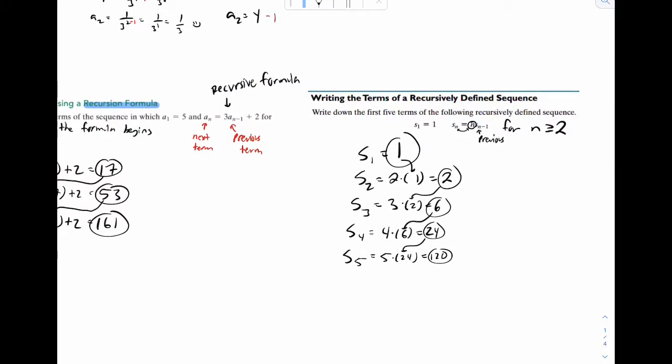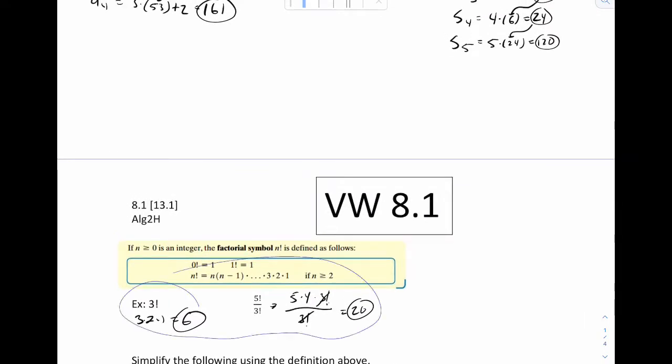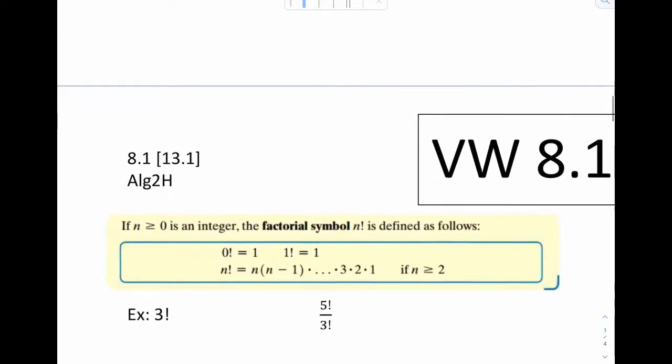Now the final thing to go over is going to be this little piece right here. I'm not too sure if you learned this yet, but we have to go over this. This is pretty fast. I put this definition for you, the factorial symbol. So factorial is simply going to be this exclamation point. And here's some definitions for you. So 0 factorial is 1, 1 factorial is 1.